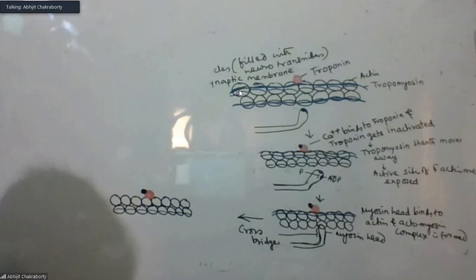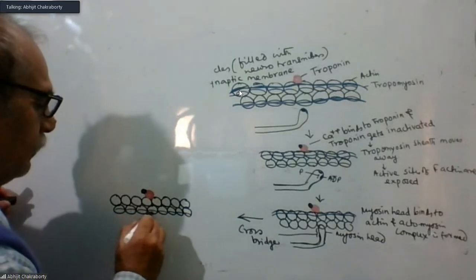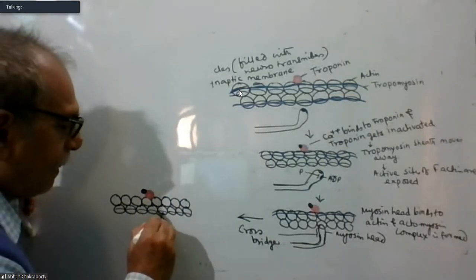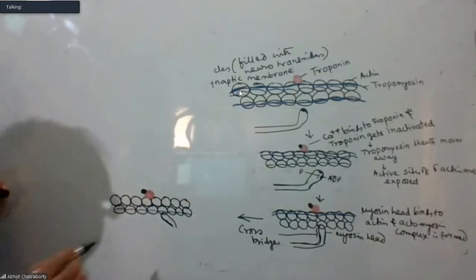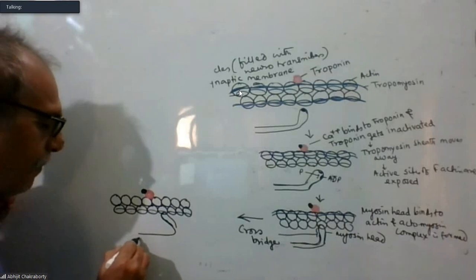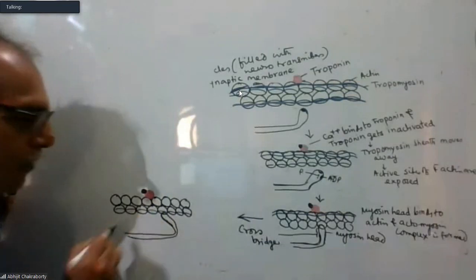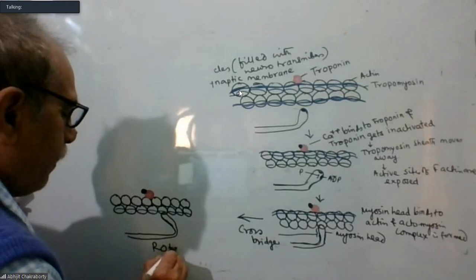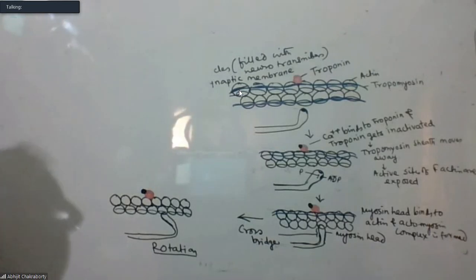What I said, it is pulling. So it rotates like this. 1, 2, 3, 4, 5. The fifth one. So it is called rotation.